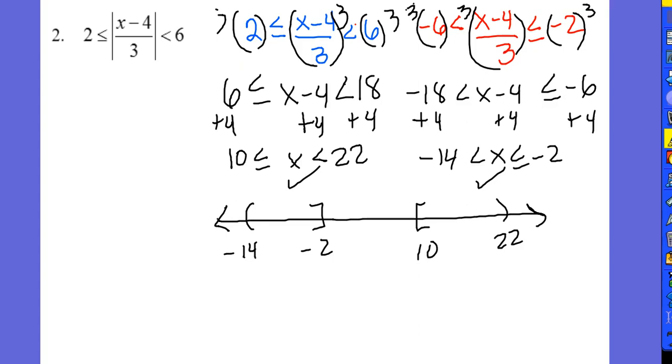So if you would like to adjust your process to that, I'm offering that as an alternative. Just be really careful to move the inequality with the number. Do you know what I mean? The 2 and the negative 2 get the equal to sign. The 6 and the negative 6, no equal sign. Okay, so be really careful about that.